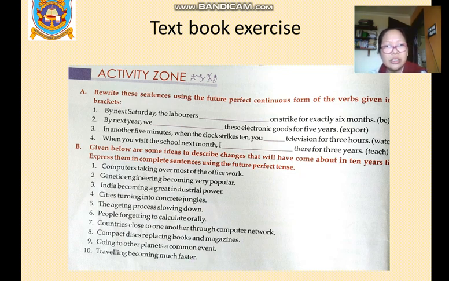Rewrite these sentences using the future perfect continuous form of the verbs given in the brackets. So there are some verbs given in brackets, we have to use those verbs and fill in the blanks. And I will read the sentences from my book because I cannot look at the screen for a very long time.